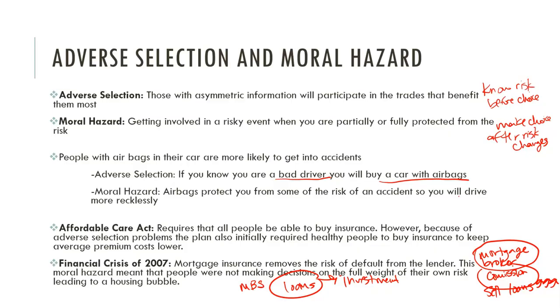And it became this whole mess where we had a lot of really risky loans in this package. But people weren't treating it as risky because they thought, we're just passing the problem on to someone else. If this defaults, it's fine because I don't own the loan anymore. And so this mortgage insurance sort of took off some of that risk and made people ignore the true risk of some of these loans.